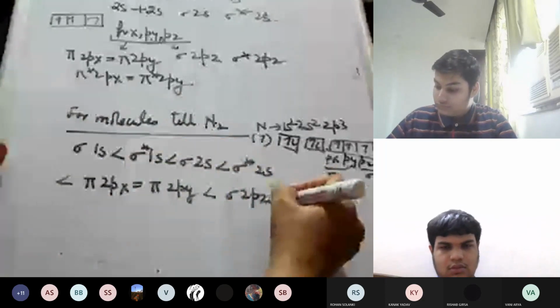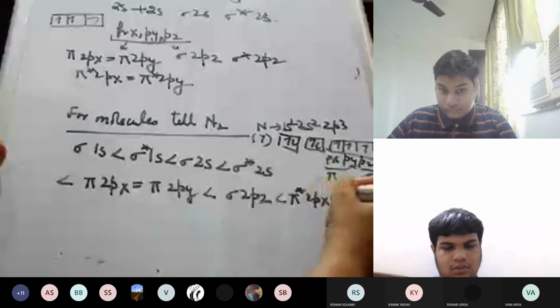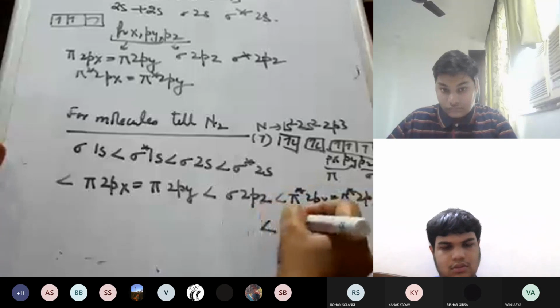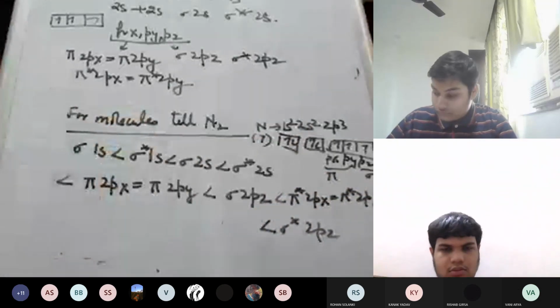After it comes pi anti-bonding 2px equal to pi anti-bonding 2py. Then it is sigma anti-bonding 2pz. So this order you have to remember.